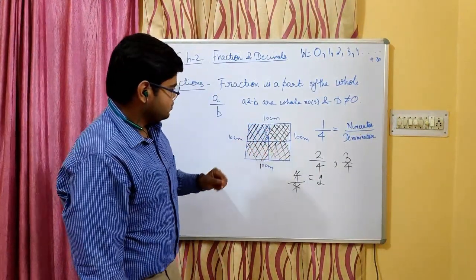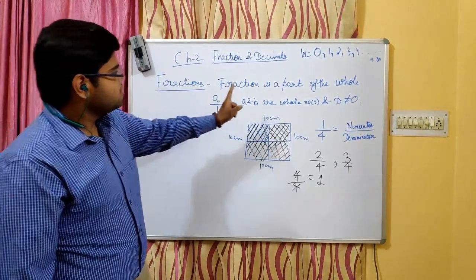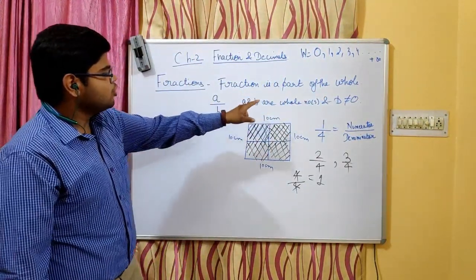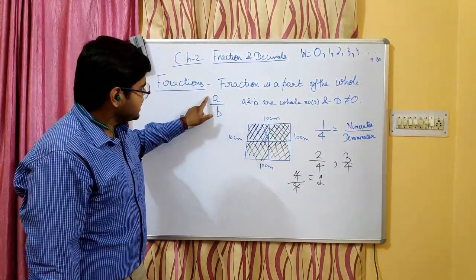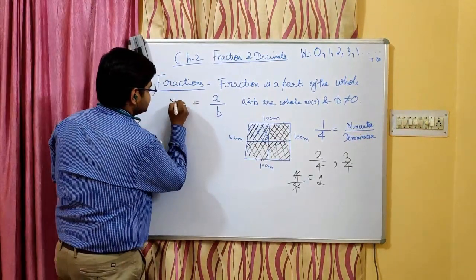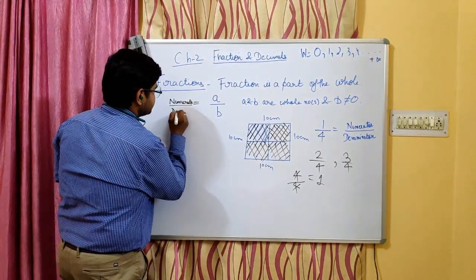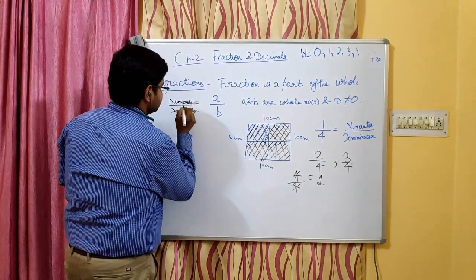Okay, now what is a fraction? A fraction is a part of the whole where a and b are whole numbers and b is not equal to 0, and in a upon b, a is the numerator and b is the denominator.